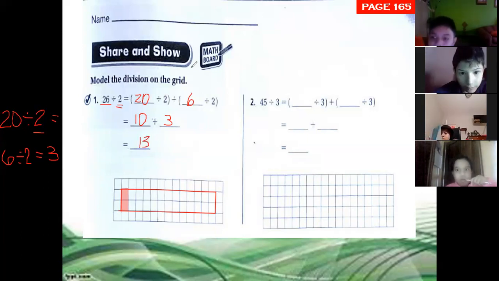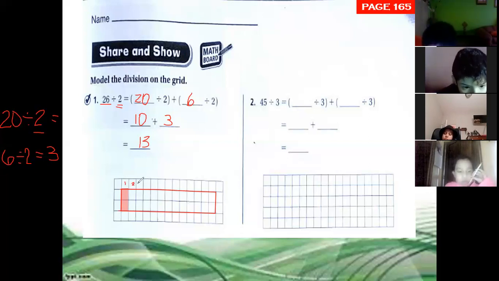We're going to color 10. But in this case, we are not going to count by 2. We're going to count the columns, okay? This is 1 column, 2, 3, and so on, because columns go from up to down.